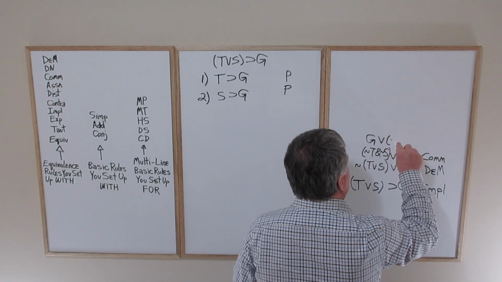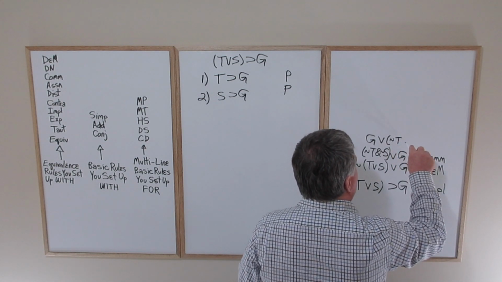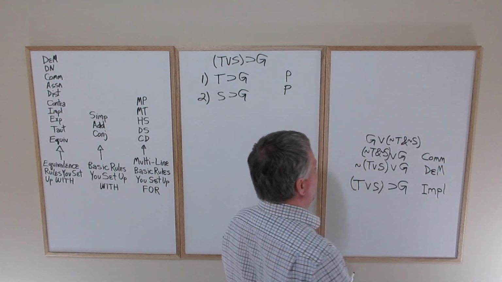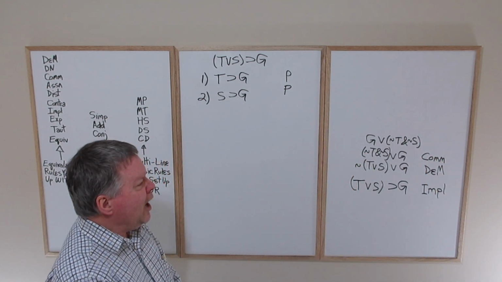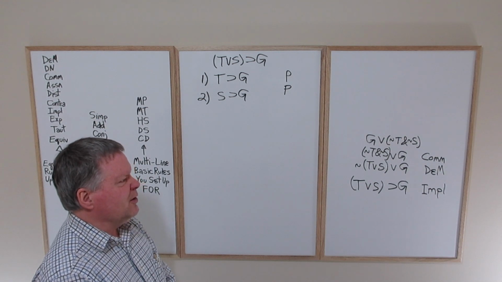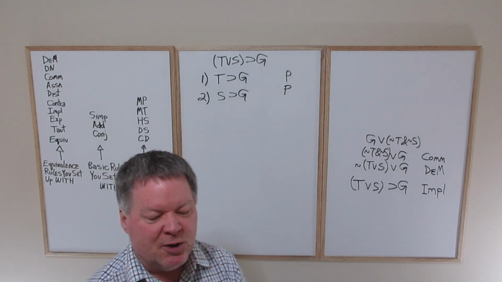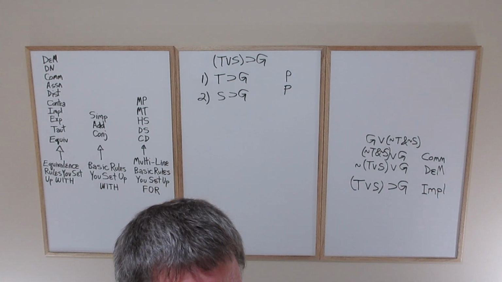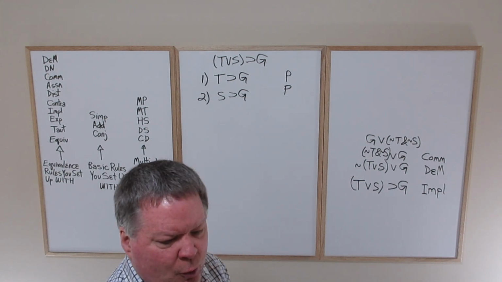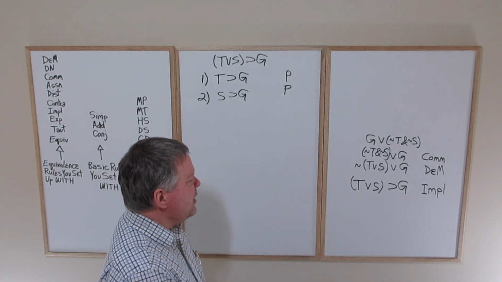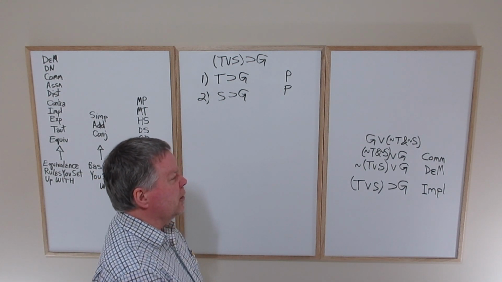G or tilde T and tilde S. How are we going to get this sentence? This is the one that's going to come from distribution. If you look at the distribution template, this is the one on the bottom left. P or Q and R.